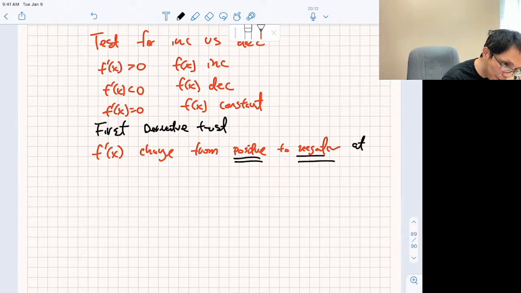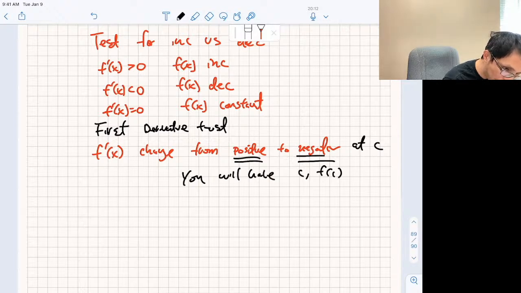At the c value, at c, then you will have c comma f of c as a relative max.